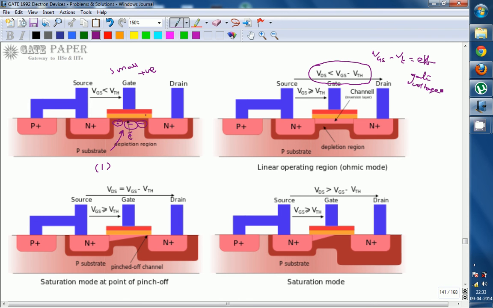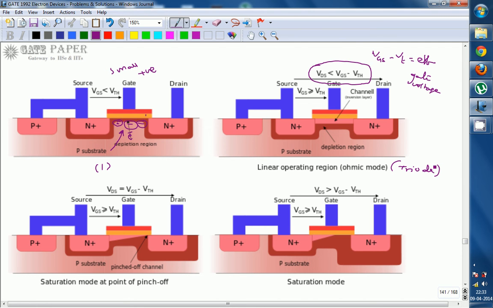This is the case whenever VDS is lesser than VGS minus VT, and this operating mode is called the linear operation region or ohmic operation region. It is also called the triode operating region: triode mode, ohmic mode, or linear mode.